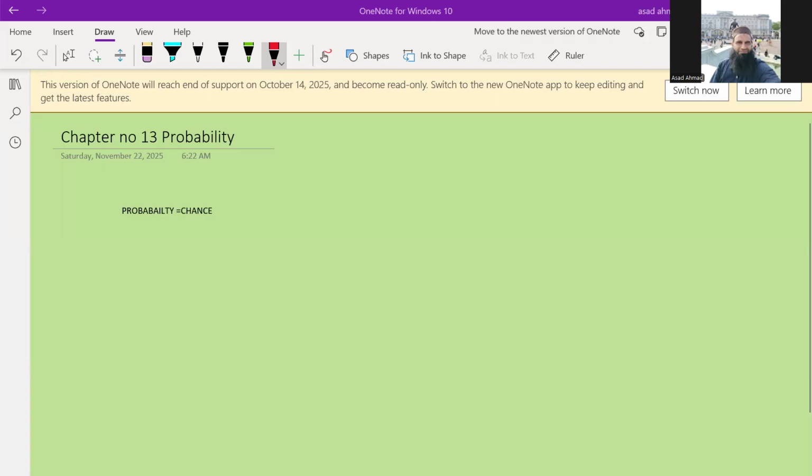Okay, we will take another example. For example, rolling a dice. We will first write the sample space of all possible outcomes in rolling a dice.